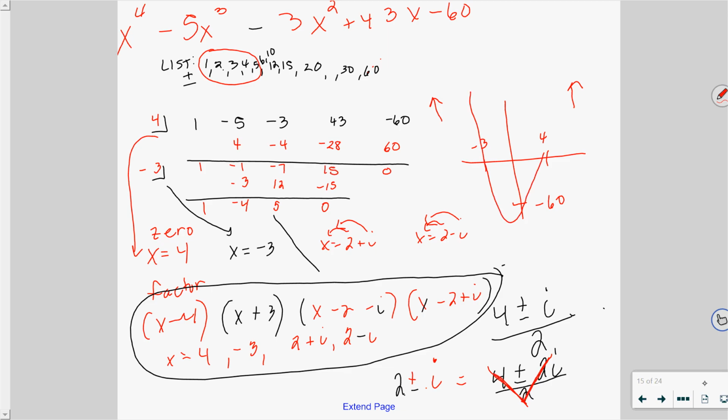You could draw it like this if you wanted to. What usually happens with the i's is that you get this extra curve, these extra curves happening in the picture. But I don't care. You can either draw it the red way or the black way. You just can't have it cross the x-axis anywhere else.